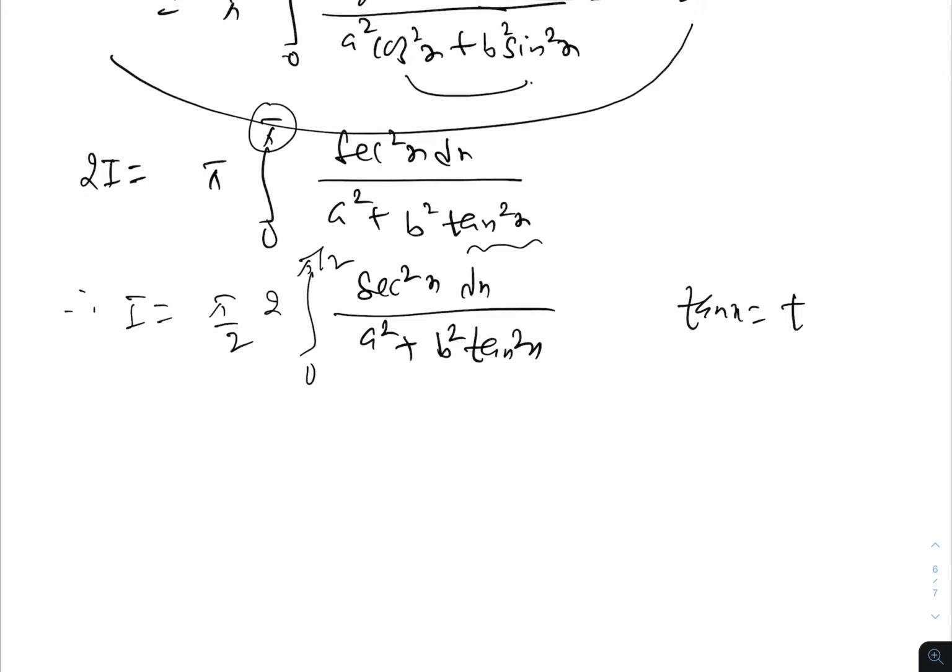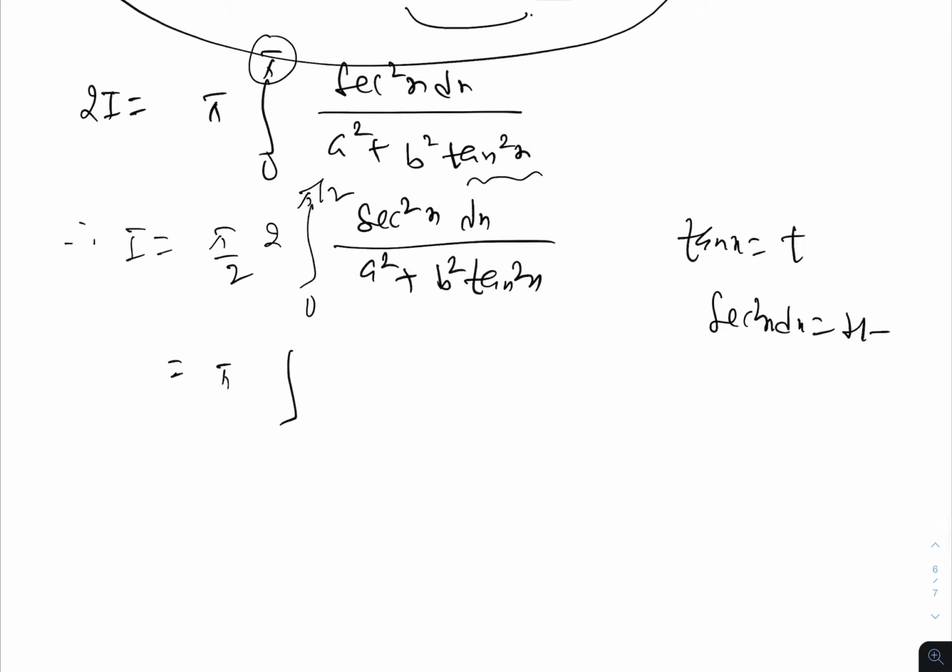Okay, now we can take tan x equal to t. So sec square x dx is dt. What about the limits? When x is 0, t is 0; when x is pi by 2, t is infinity, because tan pi by 2 is infinity. So this is 0 to infinity.